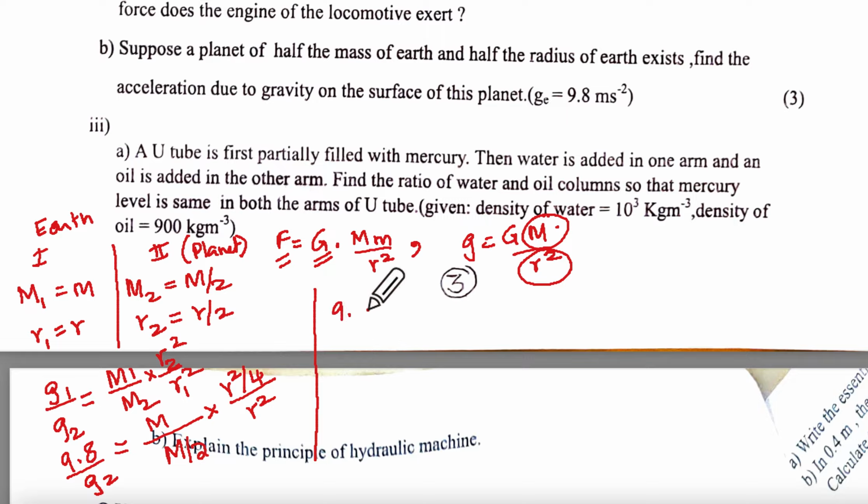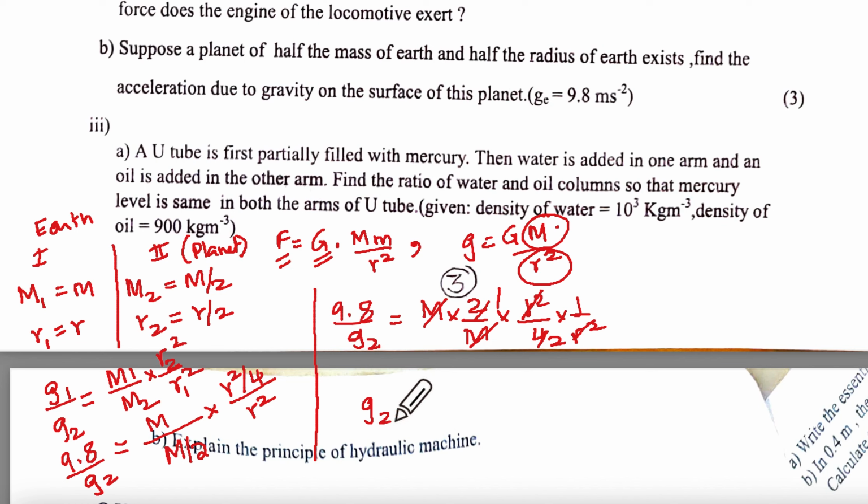So 9.8 upon g2 is equal to M into 2 upon M into R square upon 4 into 1 upon R square. So g2 is equal to 2 into 9.8.